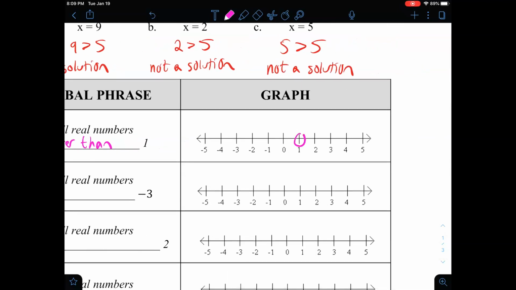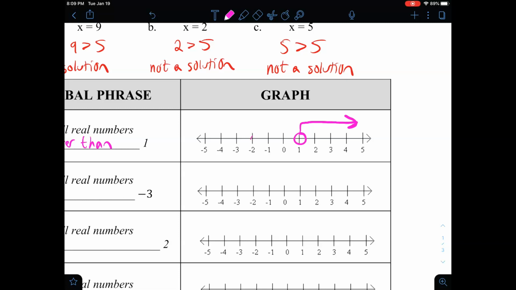Well, here's 1. I'm just going to put an open circle here for now. You'll see why in a second. Which numbers are greater than 1, to the right or to the left? To the right. Just like on a number line, the numbers get bigger to the right. If we're looking for numbers that are greater than 1, we're going to shade to the right because those numbers are going to be greater than 1. 2 is greater than 1. 4 is greater than 1.